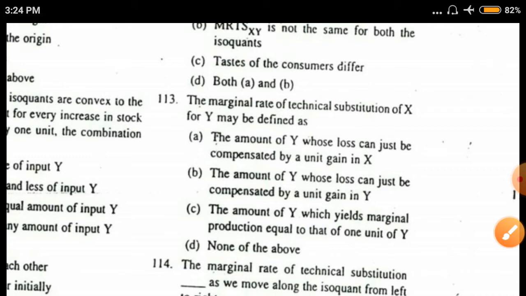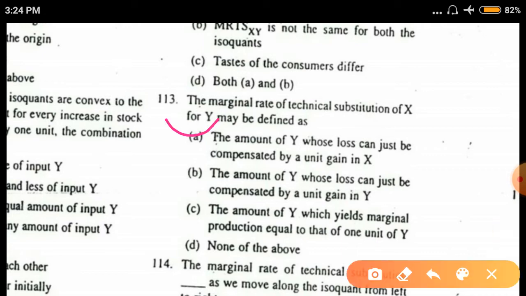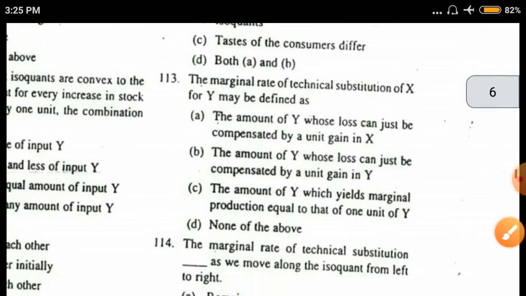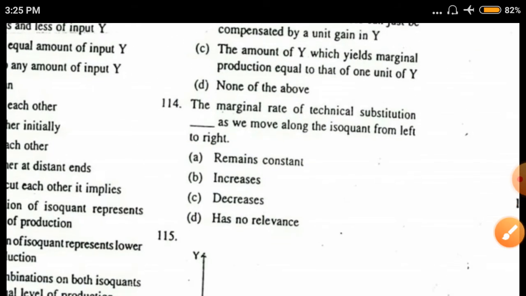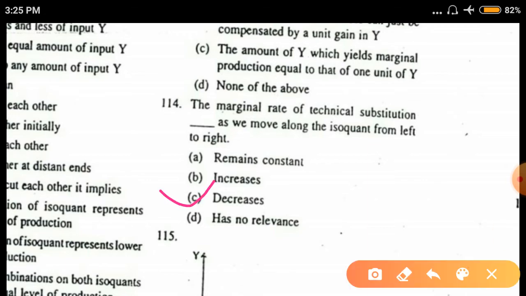The marginal rate of technical substitution of X for Y may be defined as the amount of Y whose loss can just be compensated by a unit gain in X. Question number 114. The marginal rate of technical substitution as we move along the isoquants from left to right decreases.